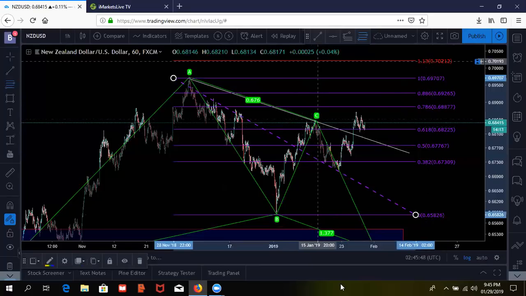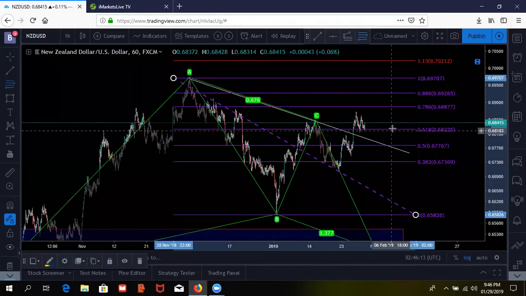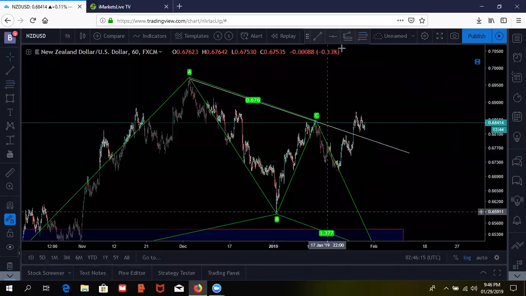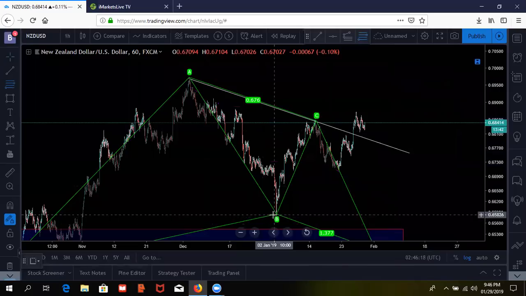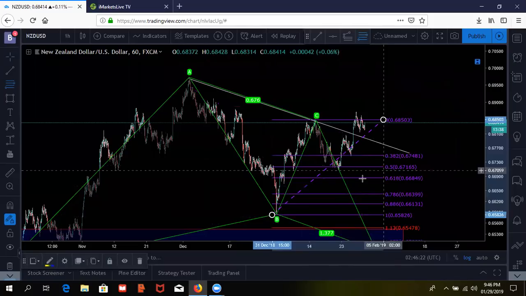This leg from our X to our A to our B hit a 61.8 right here. But when I measure out the other side of this, from here to here, price doesn't hit the 61.8, so I wouldn't be looking for a Gartley pattern. So I would stay out of that for right now.